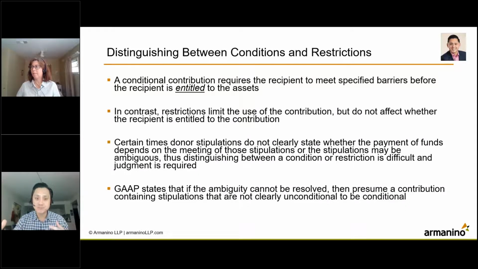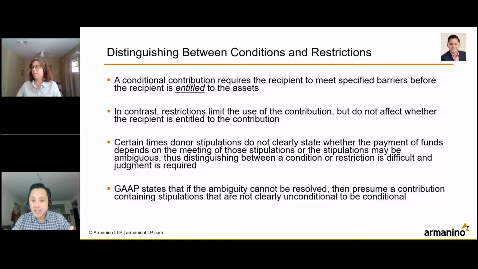I know it gets tricky, because that distinction between being entitled to the funds versus merely limiting your use of the funds will require judgment. If you take the same agreement and have it reviewed by a room of highly skilled and trained nonprofit accountants, you're likely going to get varying interpretations. Renee and I have this ourselves. When we have client situations, we bounce questions off each other, and sometimes she sees it one way and I see it another way. We have to get all the facts and circumstances together. FASB acknowledges this as well. The GAAP guidance states that certain stipulations may create some ambiguity as to whether a contribution is conditional.